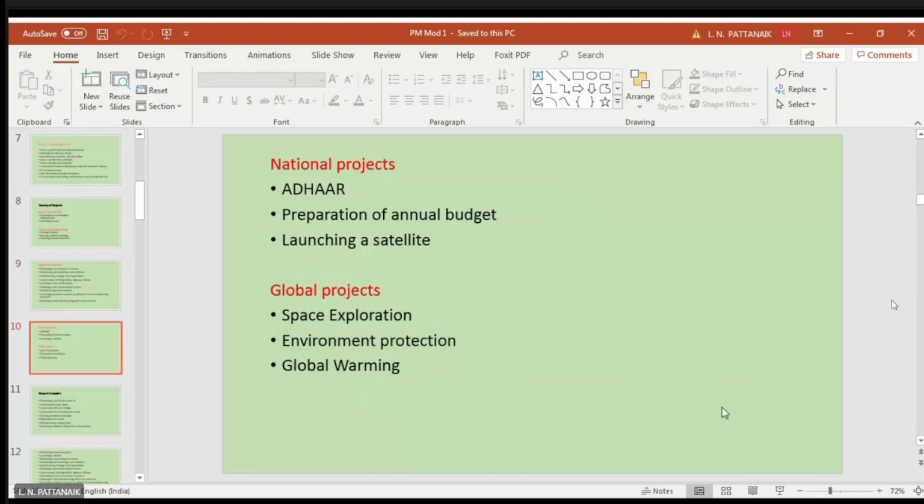Again, some classifications like national projects, global projects. It depends on the scope and the scale at which it is working. For example, Aadhaar can be considered as one of the examples of a national project, or maybe the vaccine drive that is happening. It is a national project, right? There is a fund, there is a timeline, there is a consumption of resources. So this is a project and it is once in a while, not a regular affair.